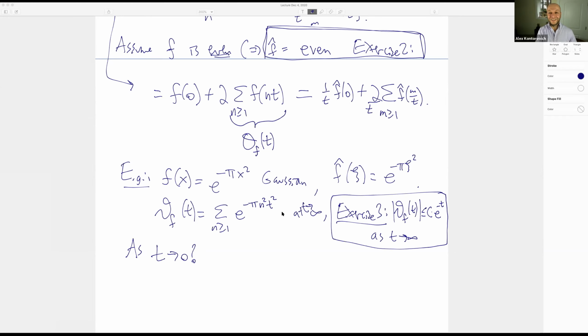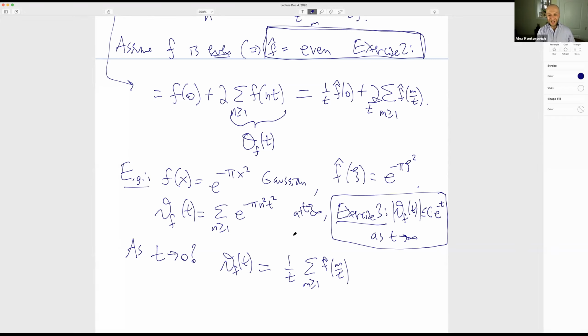So is the idea that if you do a reciprocal thing of t, when t gets smaller, 1 over t gets bigger, or something like that? Yeah, just look on this side. On this side of the equation, this thing is decaying exponentially. So as t goes to 0, let's see, how should I write this? Theta f of t, I guess I'll move this to the other side and I'll divide by 2, is equal to 1 over t, a sum n bigger than 1 of f hat of n over t, and t is going to 0.